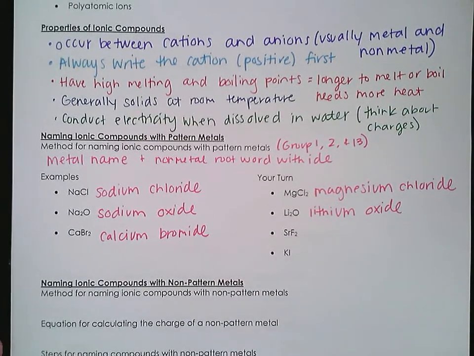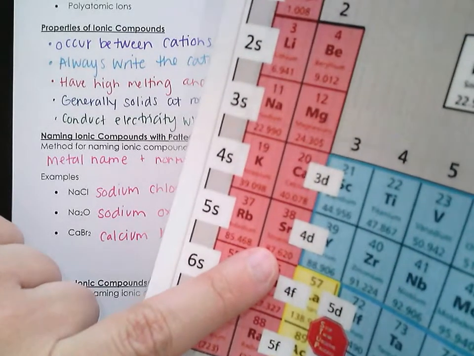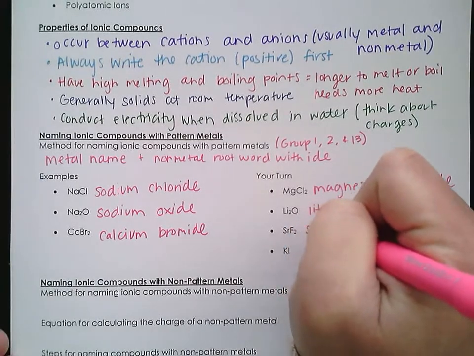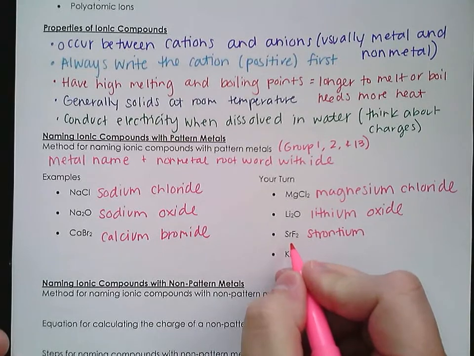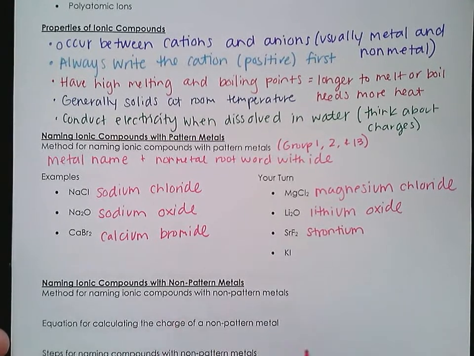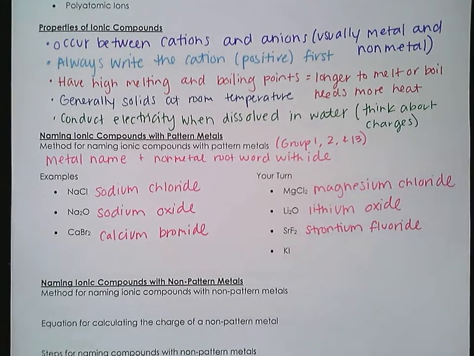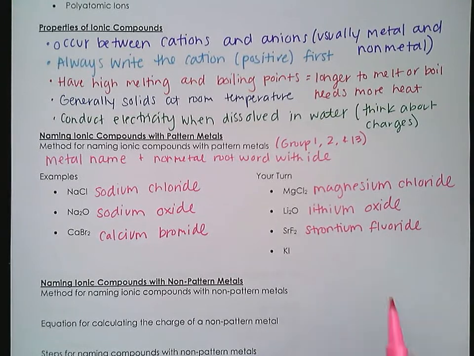Sr, remember, look at your periodic table. Sr is right here, strontium. Then fluorine, we're going to make that our root word plus IDE, which is fluoride. Please remember, we're not spelling flour right here, fluoride, so watch your spelling.